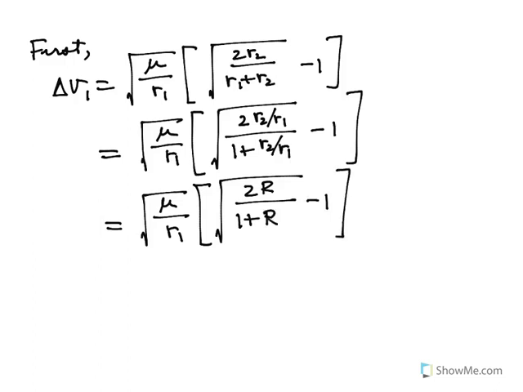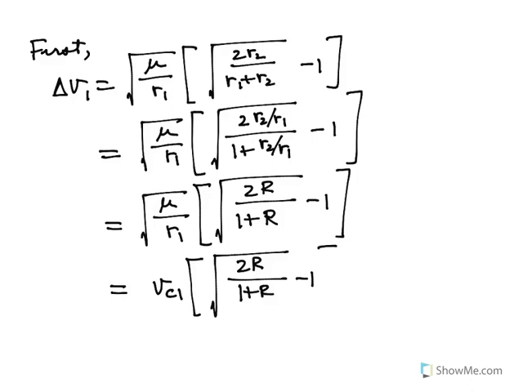But square root of mu over r1 is what I called VC1. So that's equal to VC1 times the square root of 2r all divided by 1 plus r minus 1. So there's delta v1 written in terms of VC1 and r.